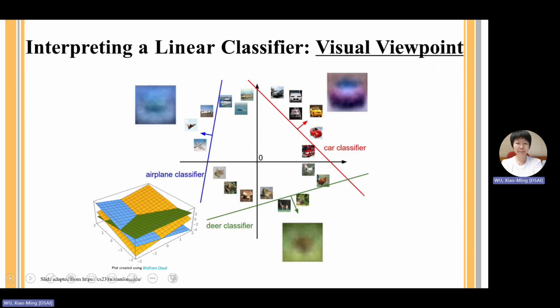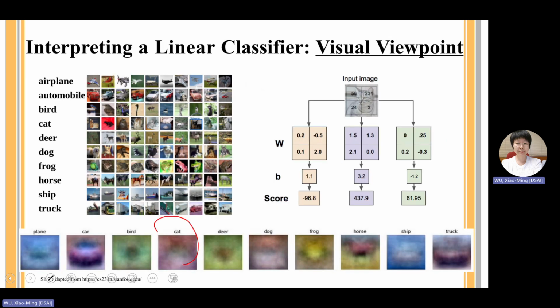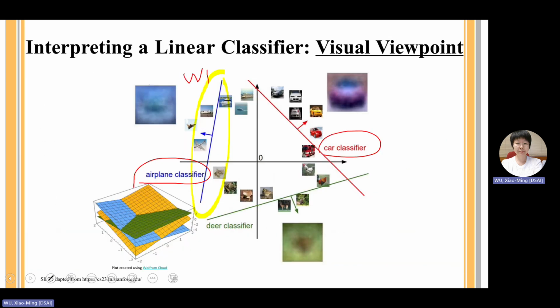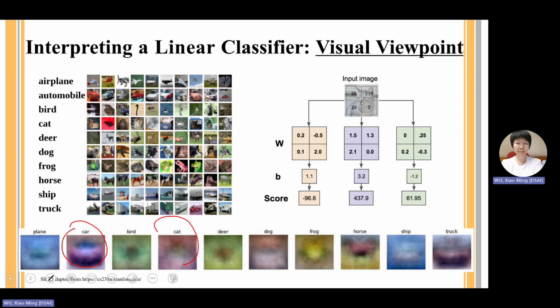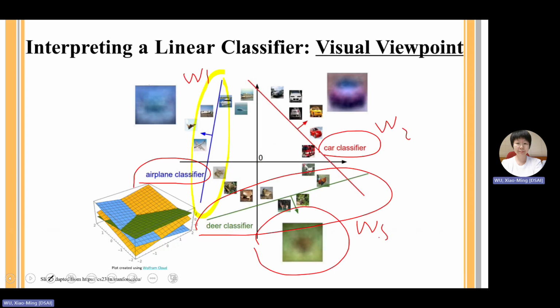So this graph shows the hyperplanes: this could be W1 corresponding to the airplane classifier, this one W2 corresponding to the car classifier, and this should be W5 corresponding to the deer classifier.